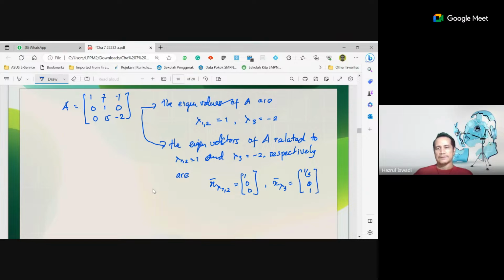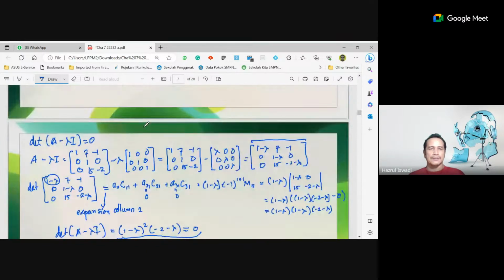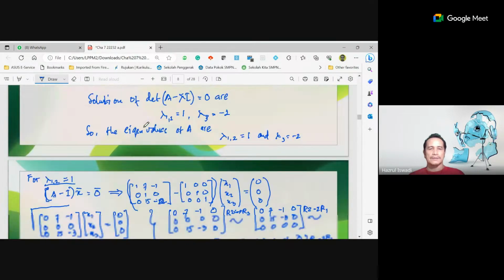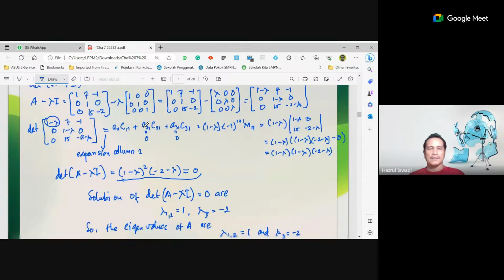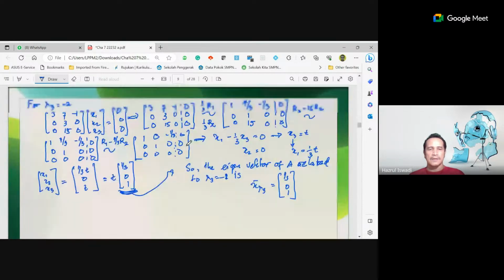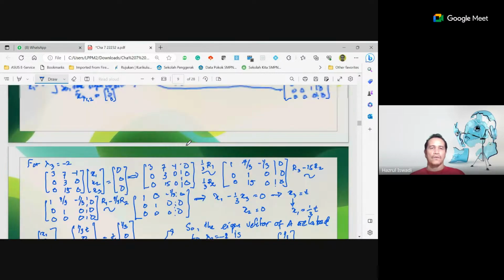Yeah, this is the summary of our problem. So these are the eigenvalues, and these are the eigenvectors. This is the solution of this example or this exercise.